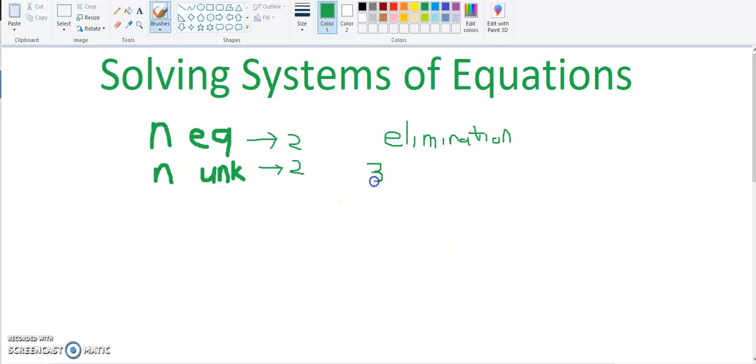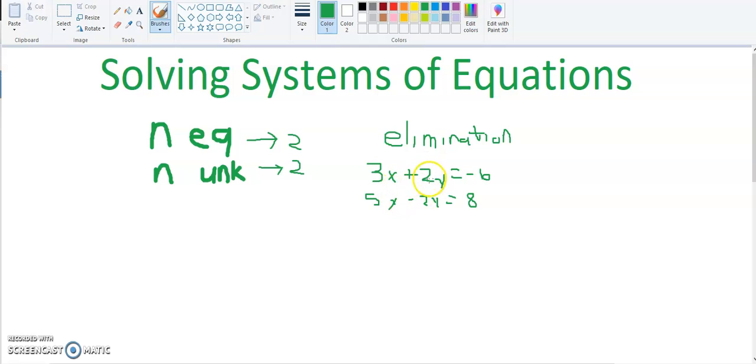Say I have a system: 3x plus 2y is equal to negative 6, and 5x minus 2y equals positive 8.